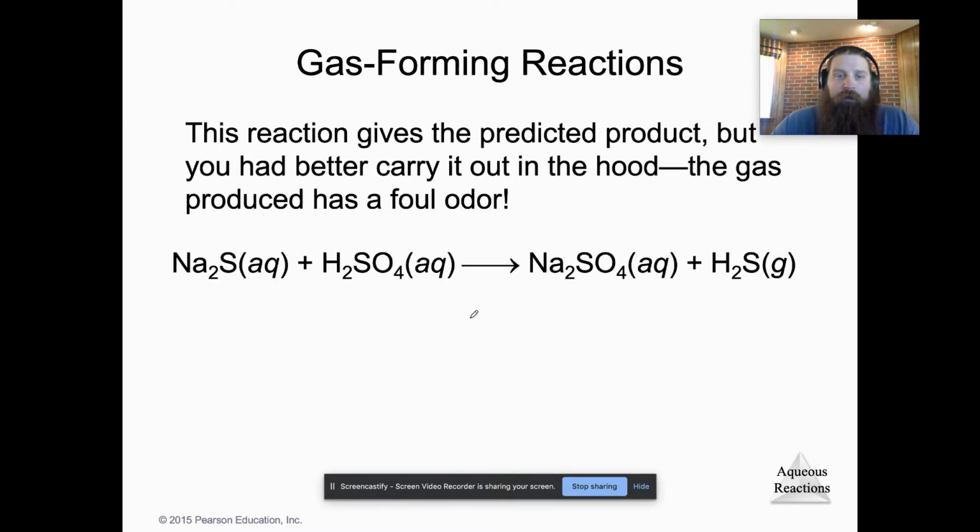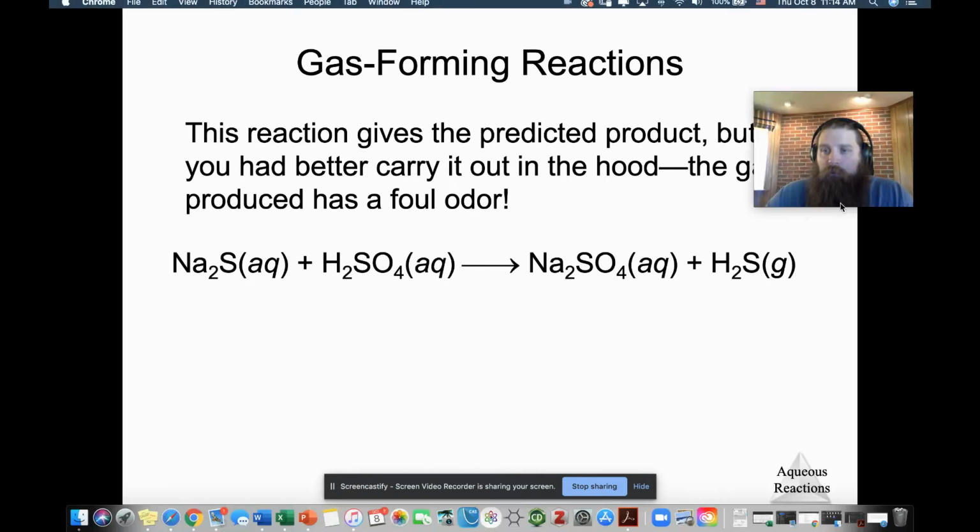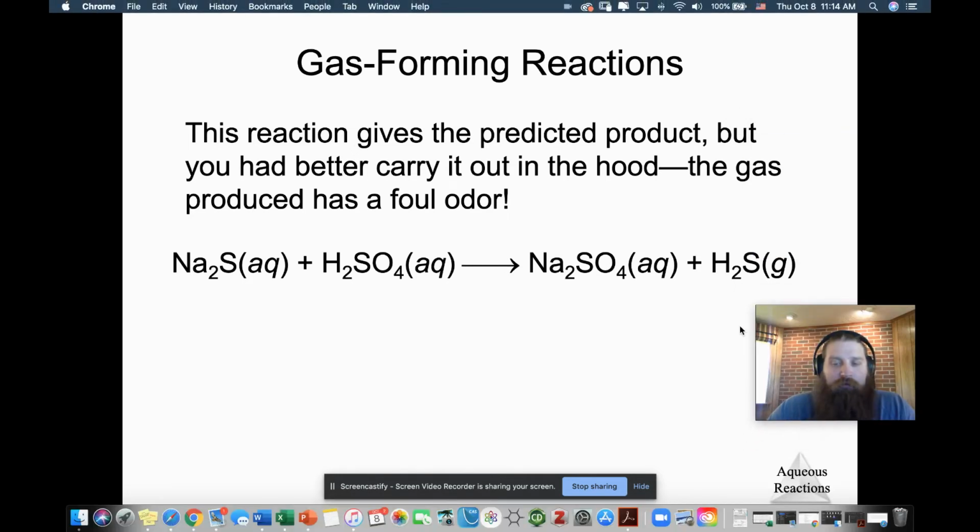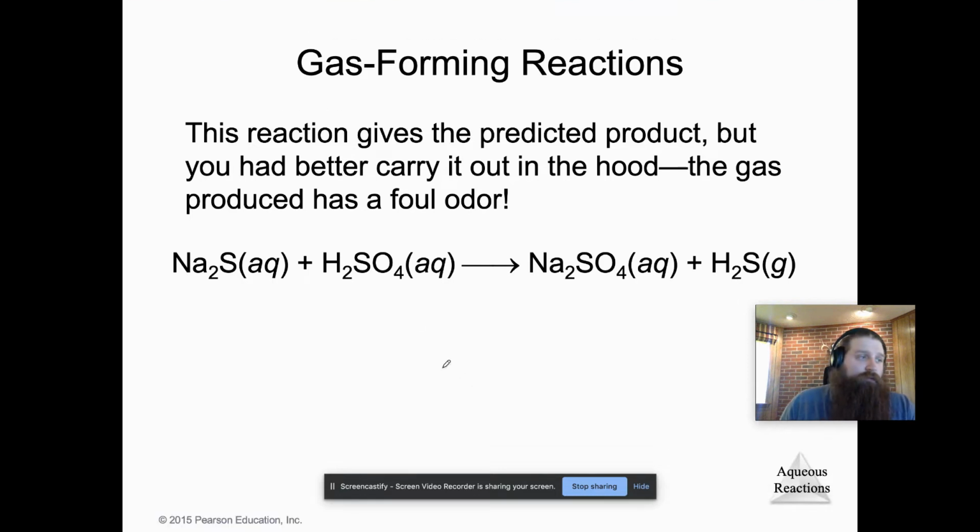Here's another one. All right, this one stinks. It smells really terrible. H2S is an awful smelling gas, right? Hydrogen sulfide. I have Na2S. I have H2SO4. Now, you'll notice it's not a bicarbonate, okay? This is a sulfur compound and sulfuric acid.